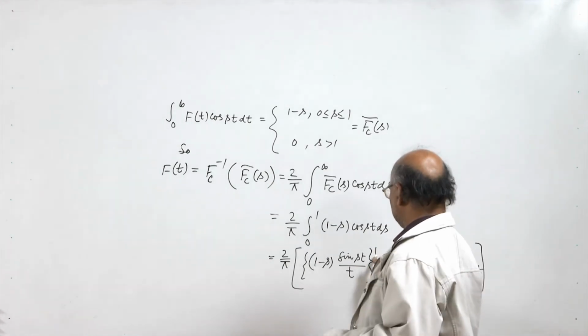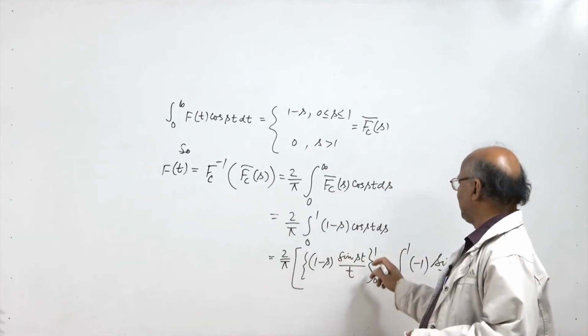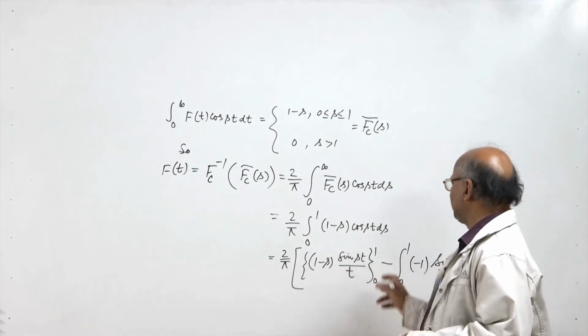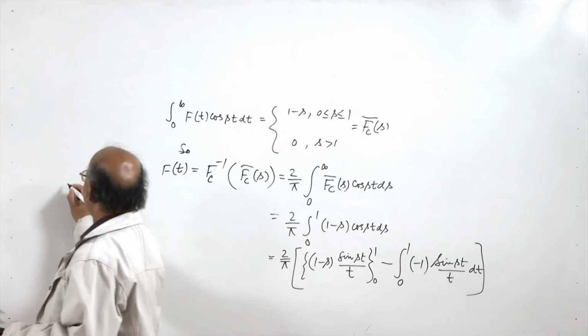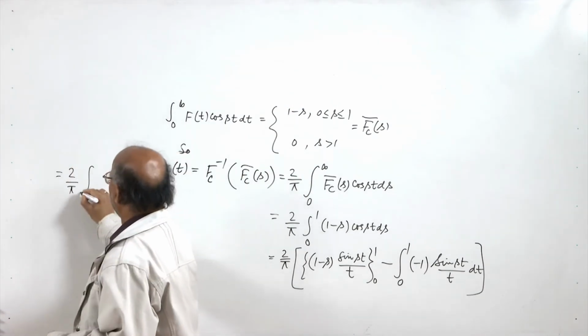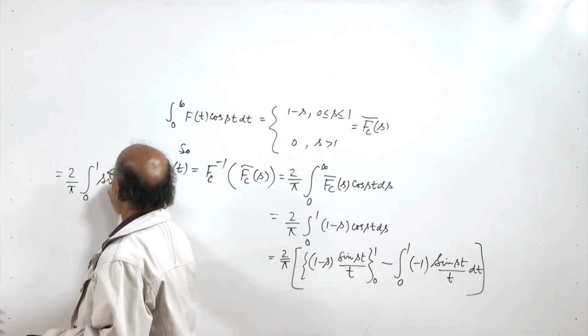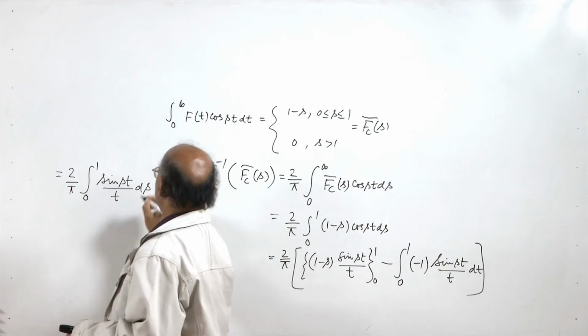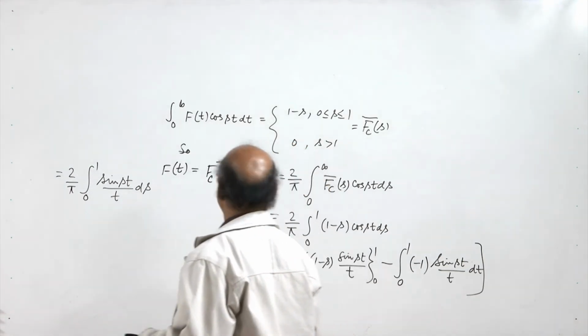Now when s is equal to 1, this is 0, and when s is equal to 0, sin st is 0, so this expression vanishes, and what we have is 2 over pi integral over 0 to 1 of sin st over t ds.